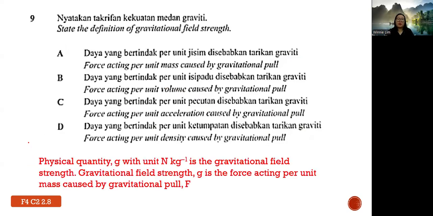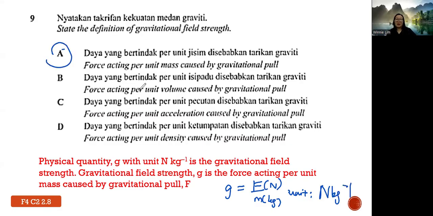But gravitational field strength, based on the textbook, is actually force per unit mass caused by gravitational pull. In short, I will tell students the formula is force per unit mass. It can be newton per kg. Okay, so looking at all these options, the correct answer is A, because this one is per unit volume, and acceleration density is a wrong concept already.